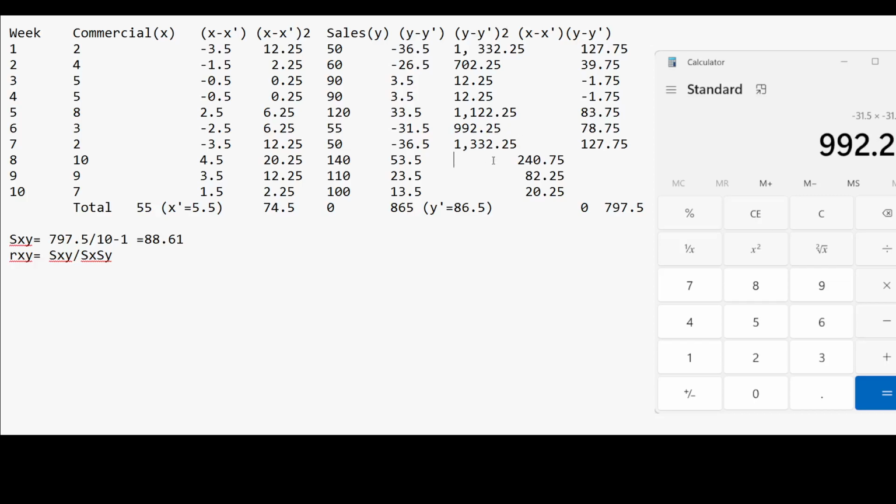Then for the 53.5, 53.5 times 53.5 equals 2862.25. 23.5 times 23.5 is 552.25. 13.5 times 13.5 is 182.25.